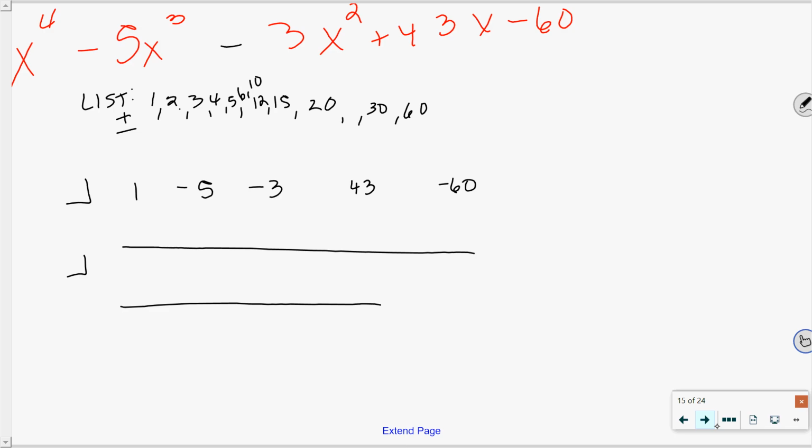Here, I'll give you a hint on one of them, because I do think I made one a little higher. Is everybody okay on the list part? All right, I'll give you a hint. There's 2 of them that are going to work, and they're both going to be lower than 5.